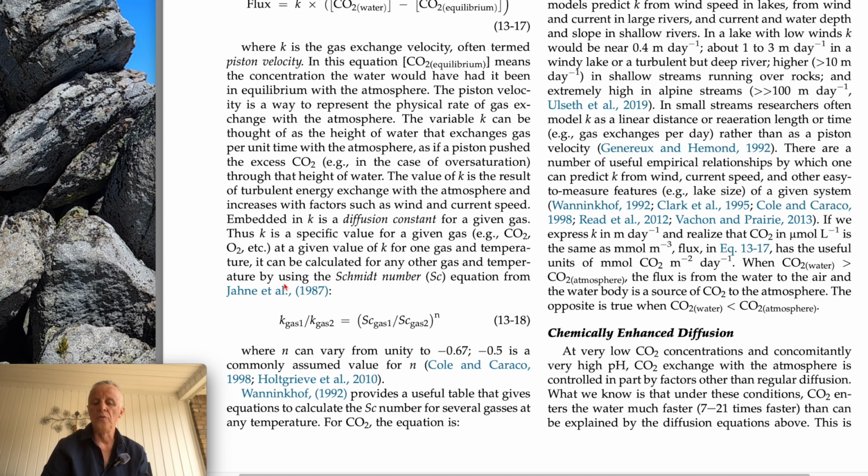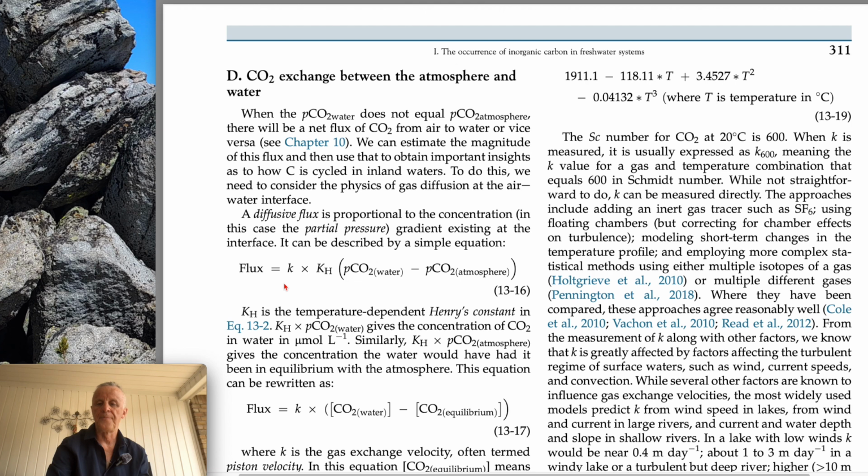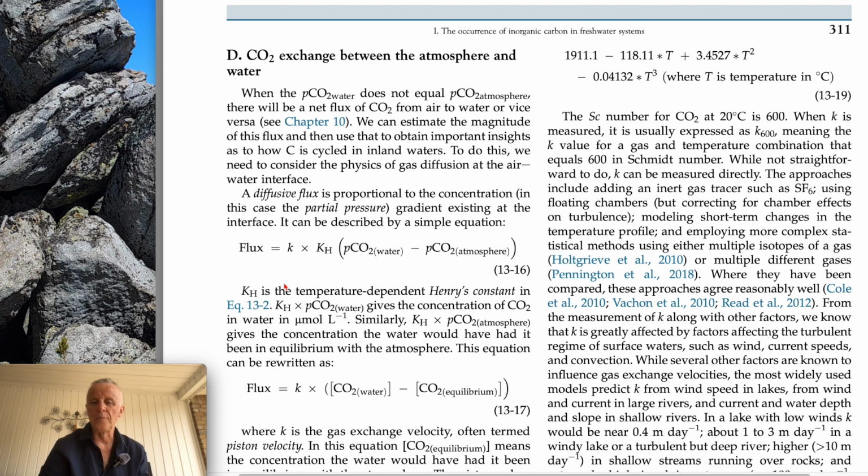Wanninkhof provides a useful table that gives equations to calculate the SC number for several gases at any temperature. For CO2, the equation is 1911.1 minus 118.1 times T plus 3.4527 times T squared minus 0.04132 times T cubed, where T is temperature in degrees Celsius.